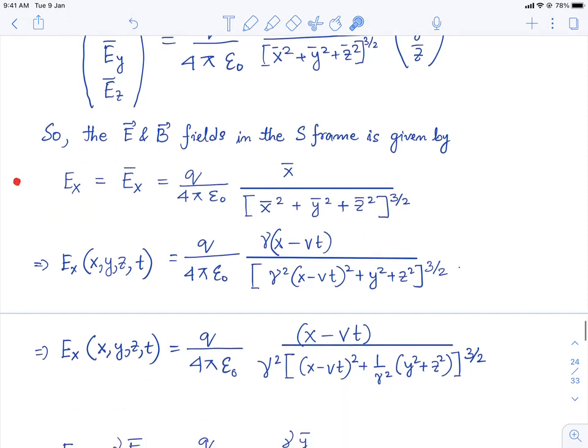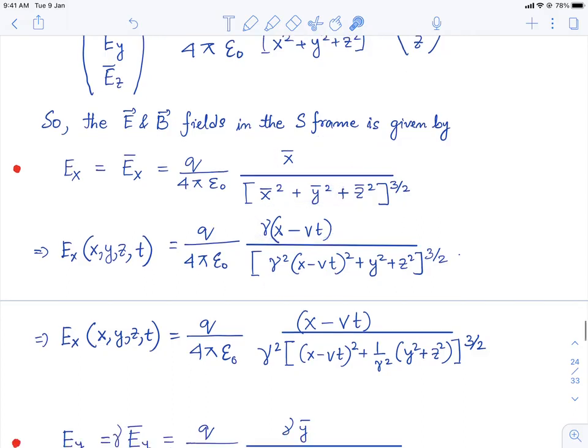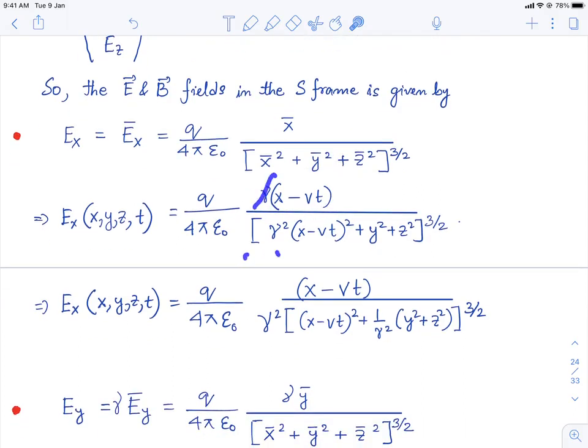So if we change the functional dependence on the coordinates, the x bar is given by this, and we can take the gamma outside as common. This gamma, which now comes from the transformation, cancels with the gamma in the denominator, but this is 3 by 2 here, so there is gamma cube in the denominator. So this gamma cancels and makes it gamma square in the denominator.